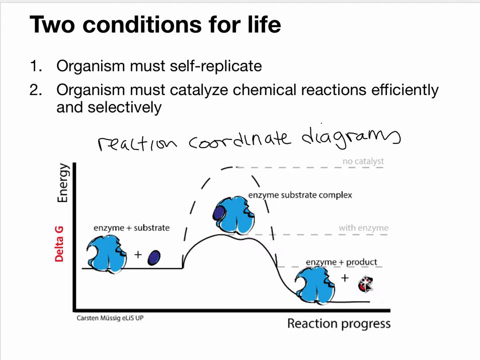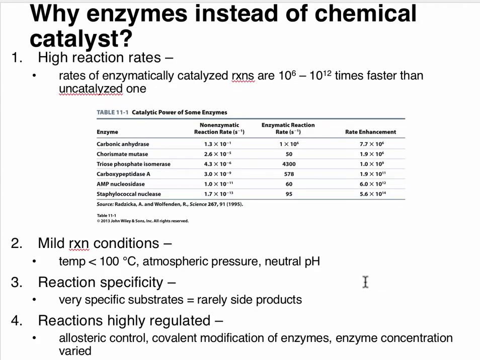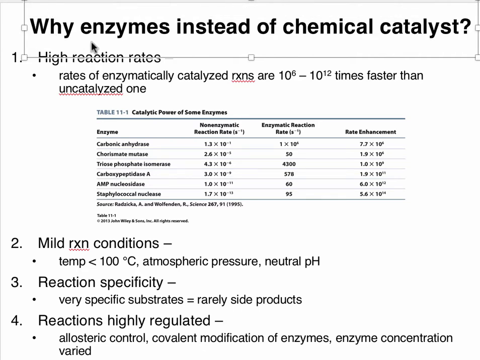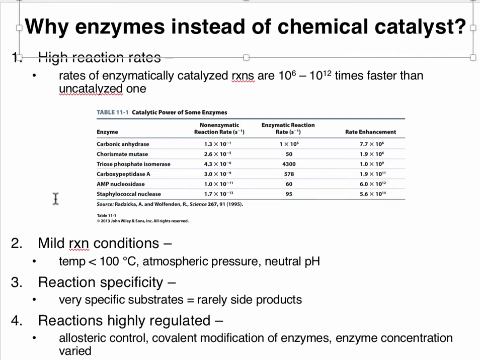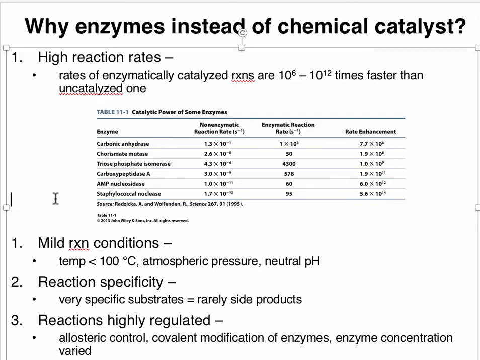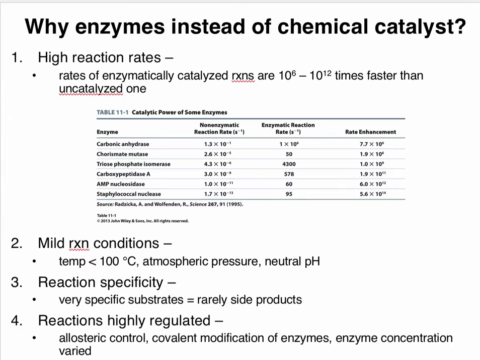All right, so why do we require enzymes instead of just a regular chemical catalyst? Obviously chemical catalysts are prevalent in our society. They're used for processes like natural gas conversion to methanol, generating fertilizer, lots and lots of different processes.